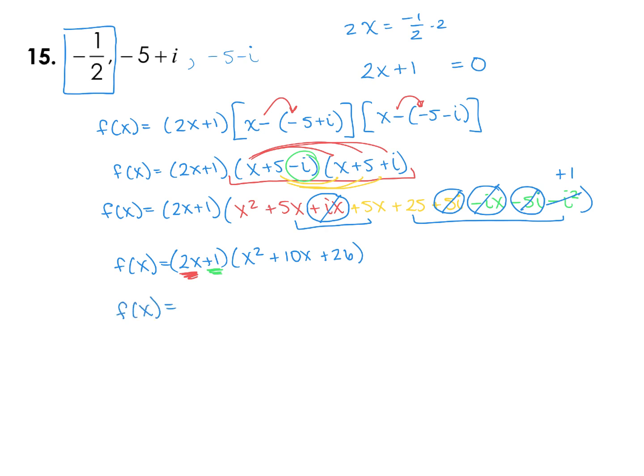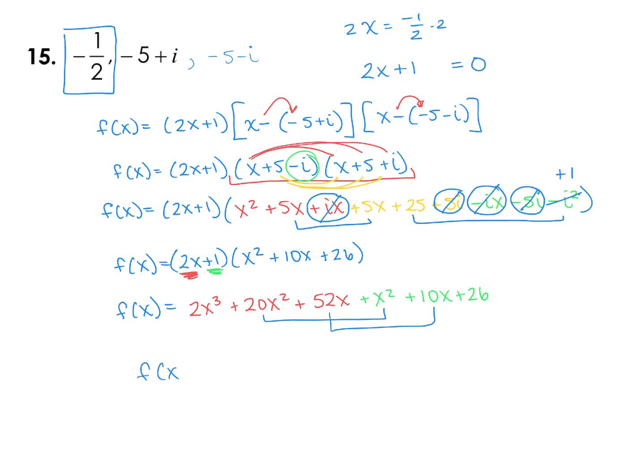So f of x equals 2x cubed plus 20x squared plus 52x. All right, and then I'll take the 1 plus x squared plus 10x plus 26. From there, I'll combine my like terms and I'll have my final answer. So the x squareds are going to go together, the x's are going to go together, and that's it.